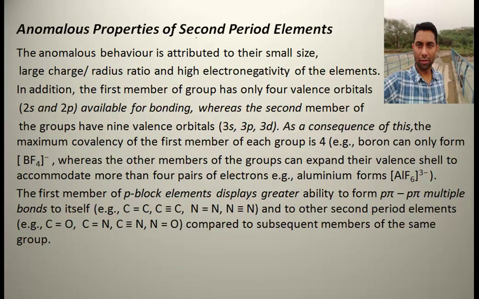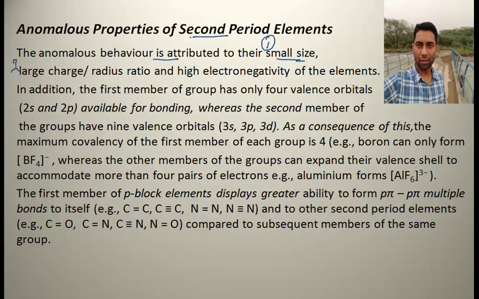Now, again to the anomalous properties of second period elements. Why do they show variation in properties? It is attributed to their small size. So the first reason is their small size, which is very important, that is, a large charge to radius ratio. Whenever cations are formed, they will have a very high charge.